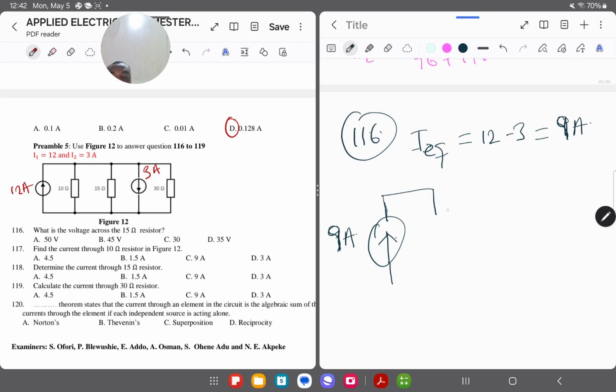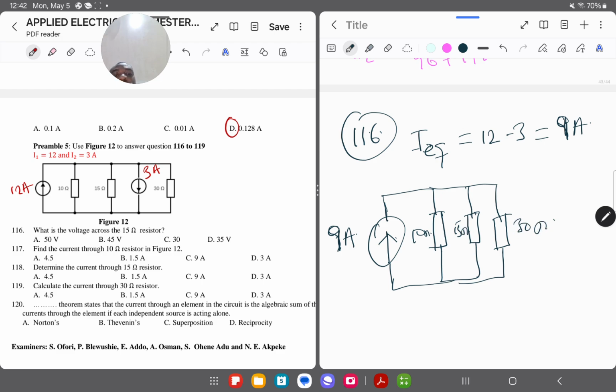Then I have the resistors connected in parallel to each other. So I have this circuit diagram here, with 9 amps, then my 10 ohms, 15 ohms, and the last one, 30 ohms.